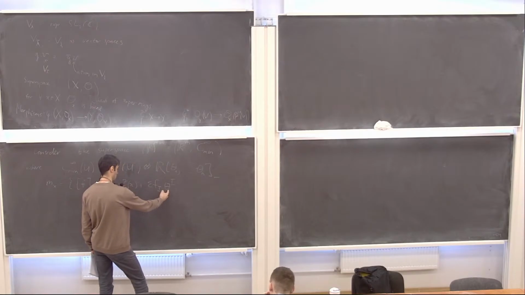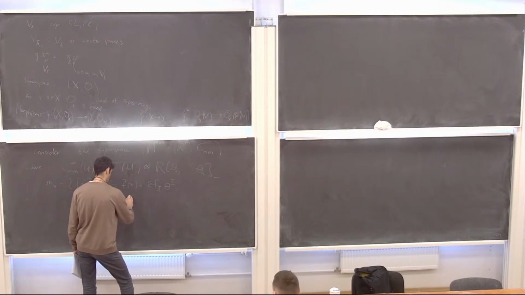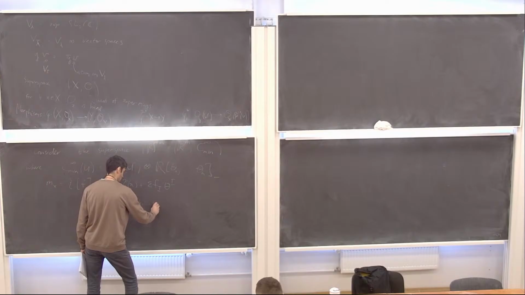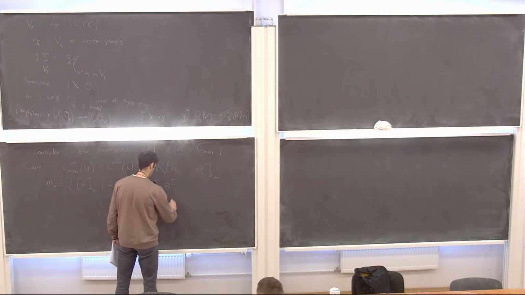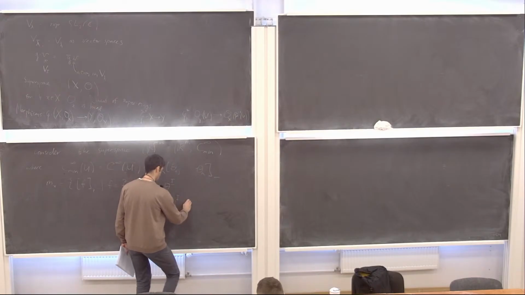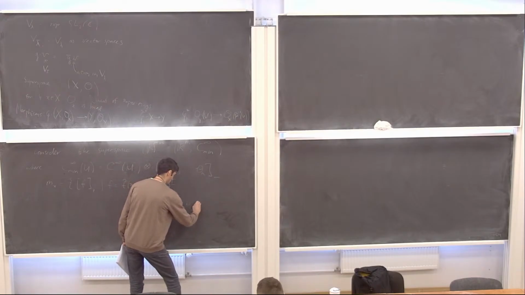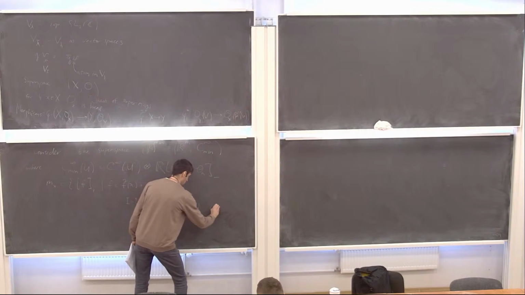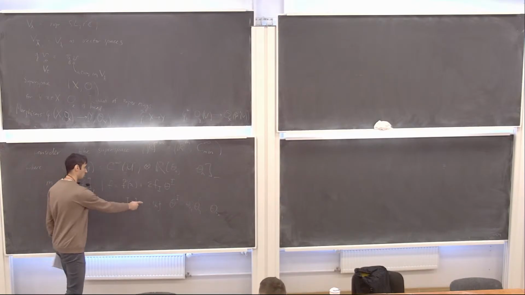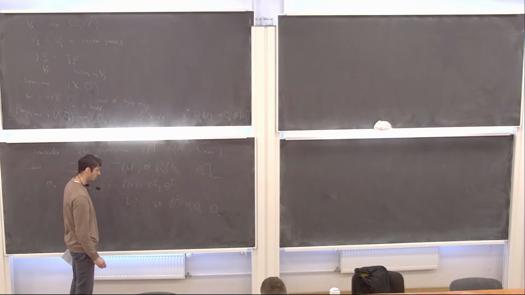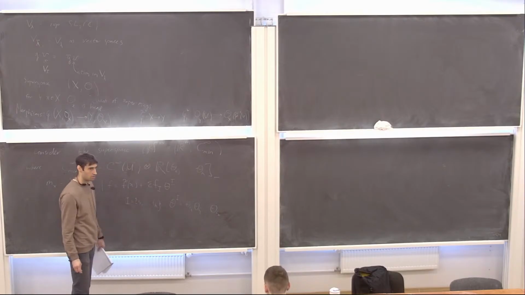Here it's clear what I mean, right? I is just a set of symbols, and theta to the power I is just theta i1, theta i2, up to theta ik, and they cannot repeat, because then it's just 0.